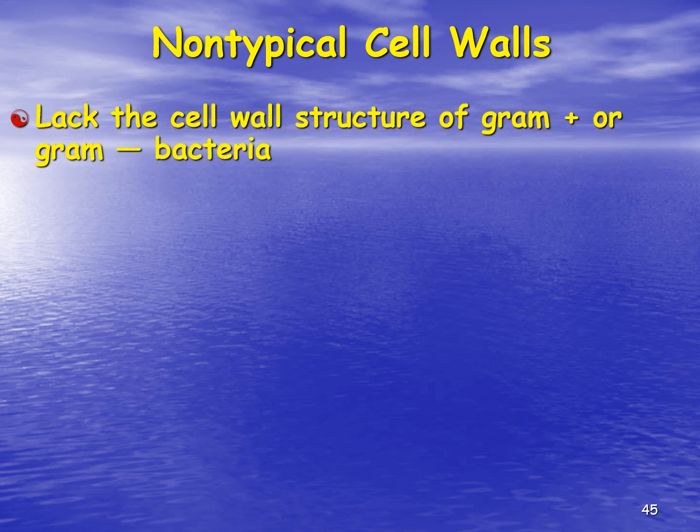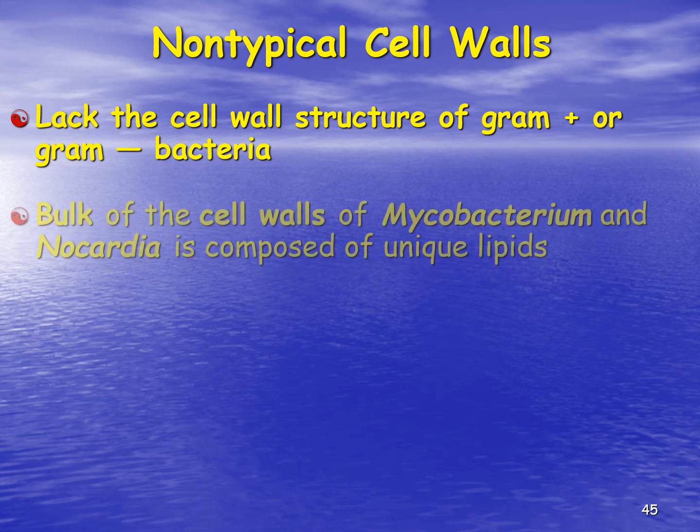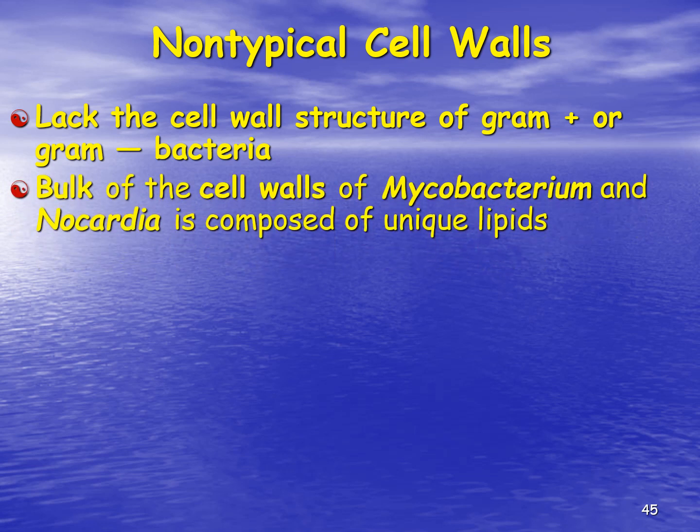Now, non-typical cell walls, these lack the cell wall structure of gram-positives or gram-negatives. And the bulk of these cell walls are of the Mycobacterium and Nocardia genera. Both of these are our acid-fast bacteria. Now, while Mycobacterium and Nocardia cell walls are more similar to gram-positives, they may not be as thick in the amount of peptidoglycan that they have.